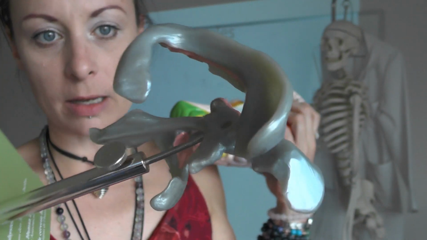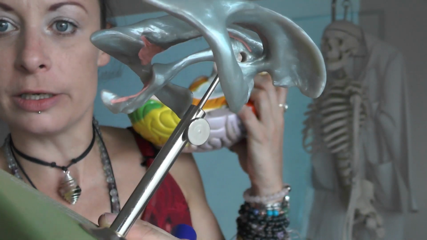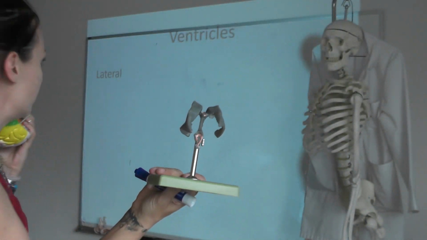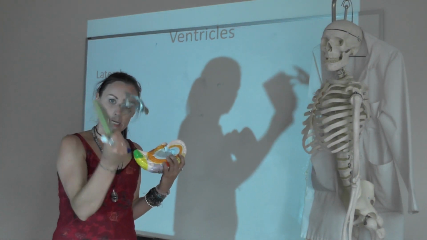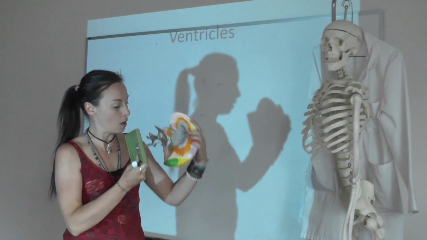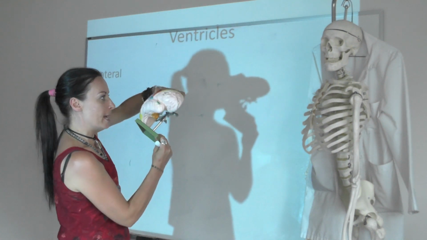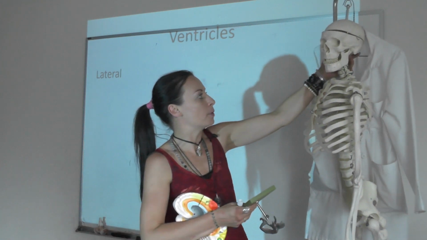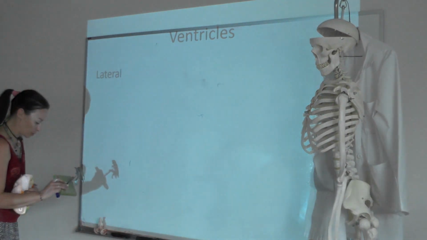So the ependymal cells in these regions, called the choroid plexus, can pull what they need out of blood to concentrate it into cerebrospinal fluid, which circulates through the ventricles of the brain and the central canal of the spinal cord, and then around the brain and the spinal cord as well, so that the brain can float in your head instead of sinking through the foramen magnum, which is the big hole in your occipital bone.